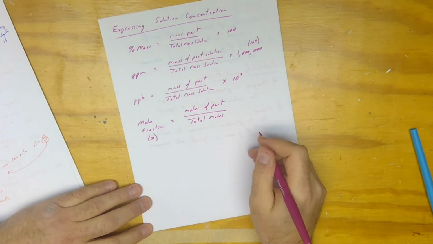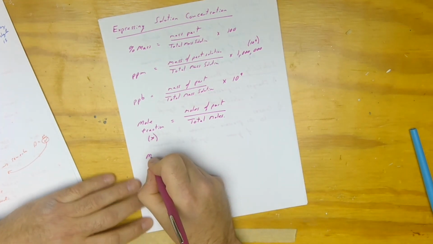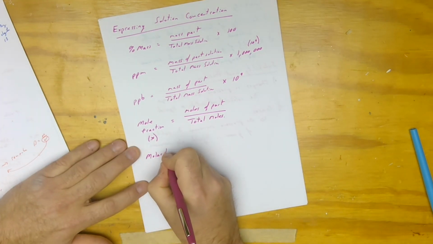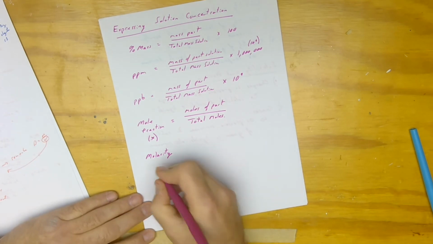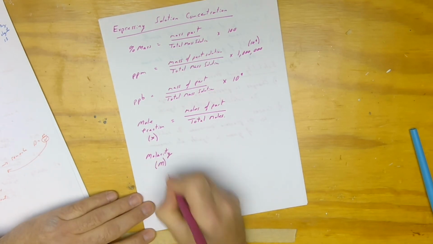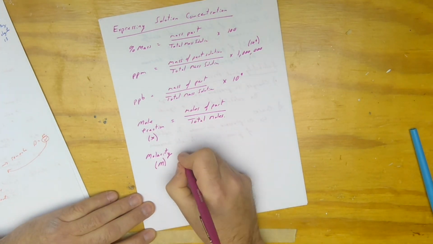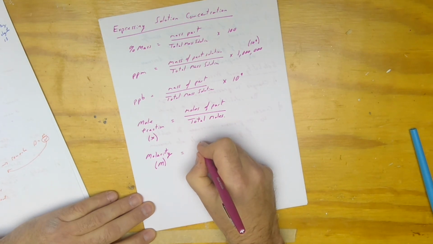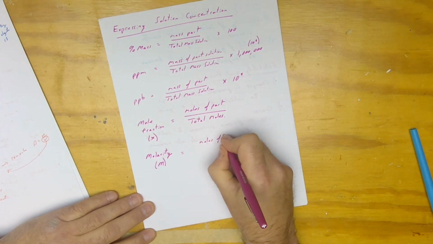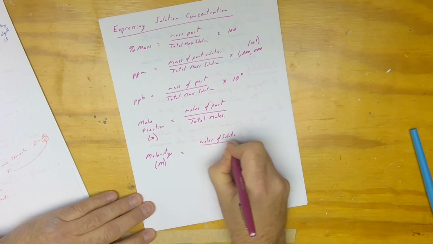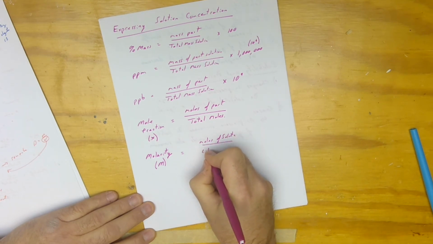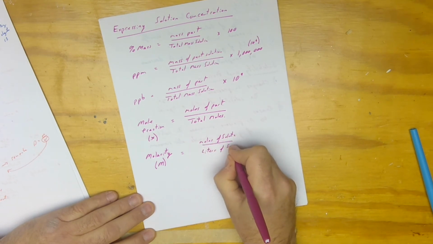Probably the biggest one that we use is molarity, and we've used this already. And remember, molarity is capital M, and molarity is moles of solute over liters of solution.